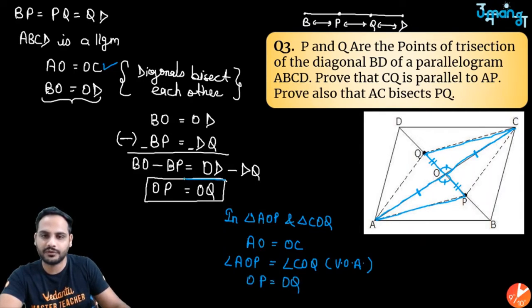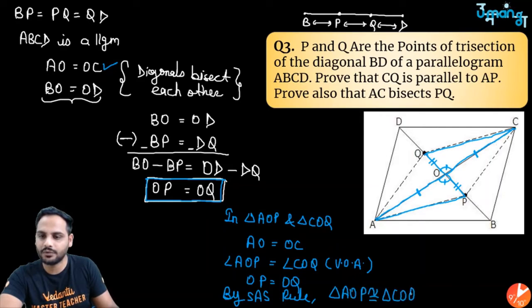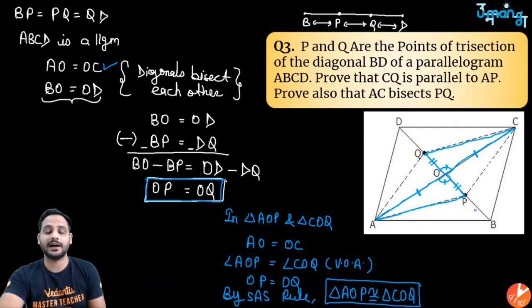We have just proved it over here. So which criteria is it? Side angle side rule. So by SAS rule, I can say triangle AOP is congruent to triangle COQ. ठीक है बेटा, these two triangles are congruent.